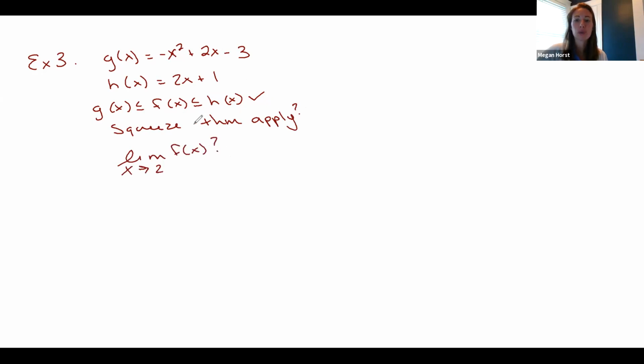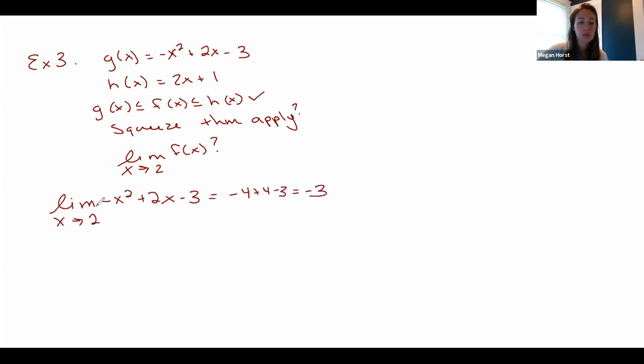So we're told the first part of the condition is true, so f of x lives between these two functions. But in order to determine this limit, not only does it need to live between these two functions, but the limit as x goes to 2 of g of x must also equal the limit as x goes to 2 of h of x. So I'm going to go ahead and analyze those two limits and see if they're equivalent. So we have negative x squared plus 2x subtract 3. I substitute in, I get negative 4 plus 4 minus 3.